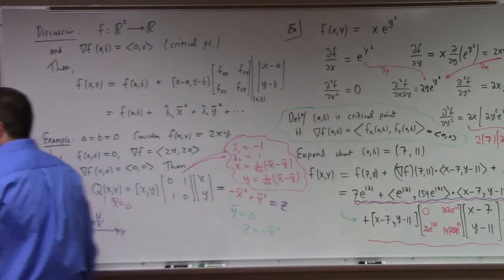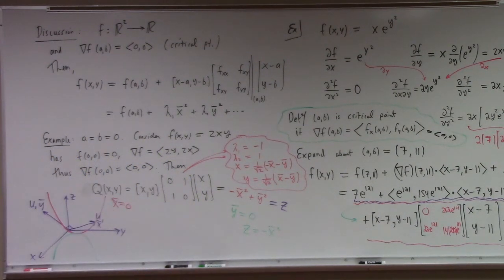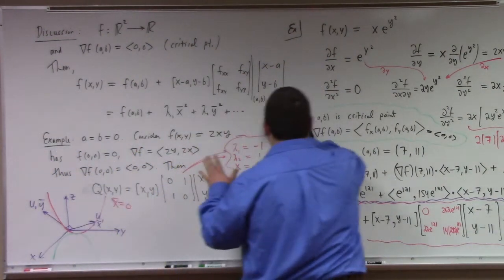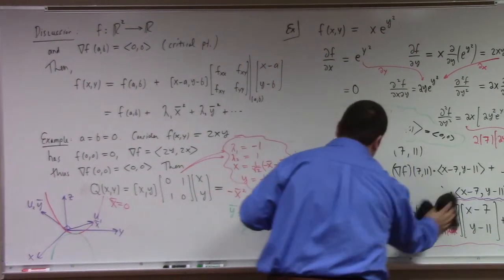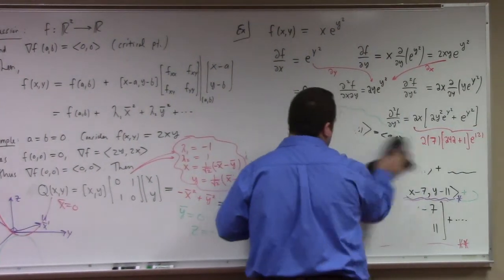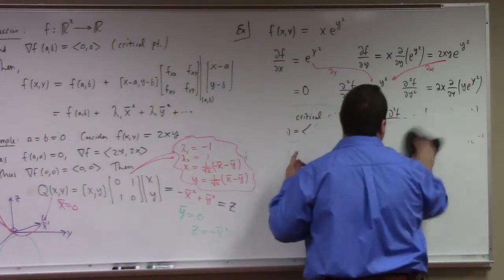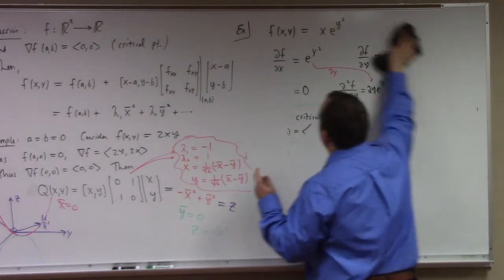So all I'm trying to tell you here is that we can tell the nature of the critical point pretty easily by just direct geometric reasoning on the eigencoordinates.